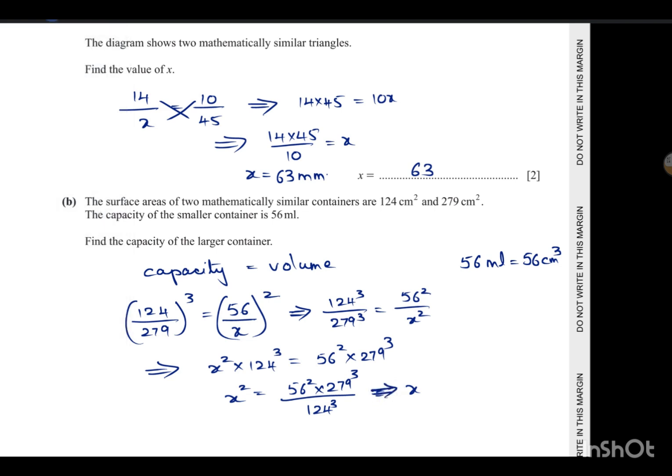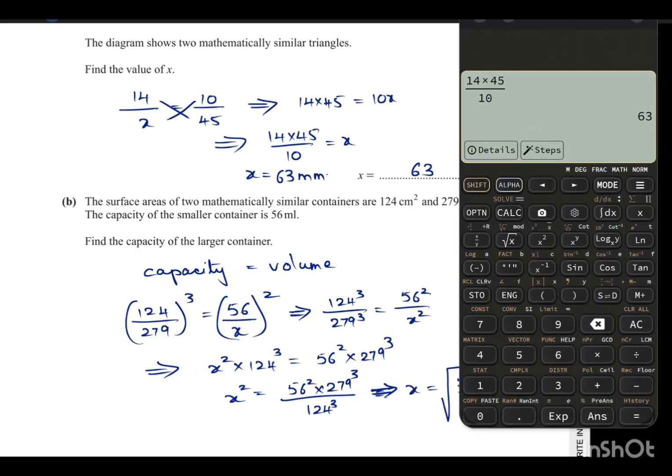X will be square root of 56 square into 279 cube by 124 cube. We cannot take minus here because it's volume. We are finding volume, so you have to take the positive value only. I am reminding you, for square root plus or minus values will come, so you cannot take the minus value.